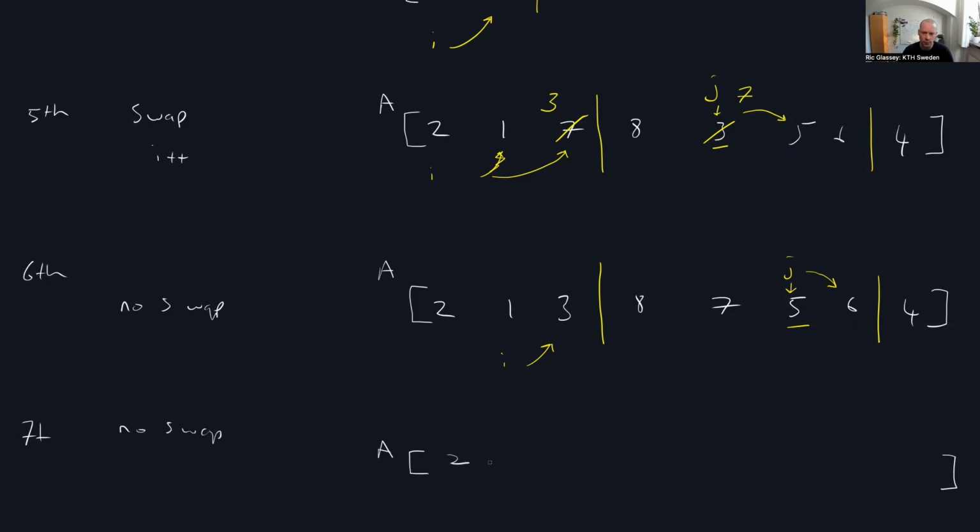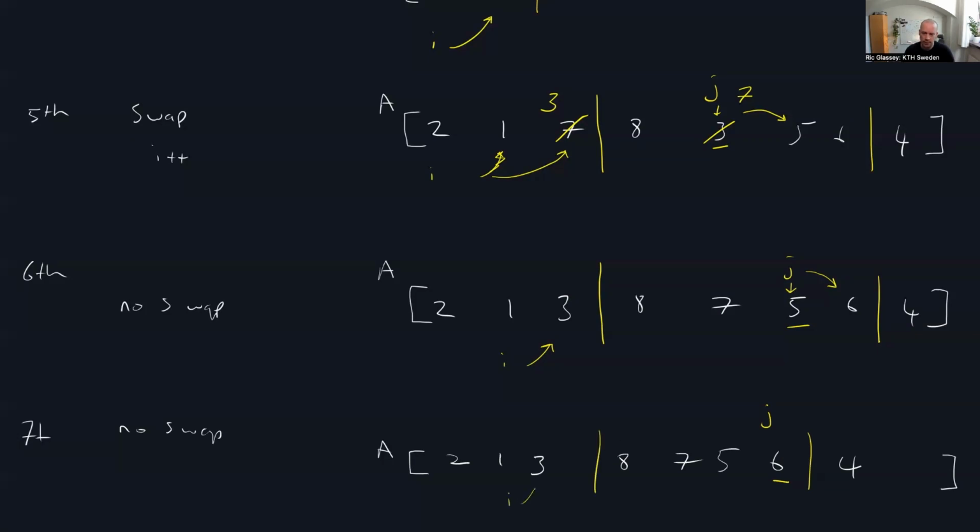Okay, so we have 2, 1, 3, 8, 7, 5, 6, and 4. A lot of space left over. Okay. So J is now pointing at 6, and again, when we're making that comparison, 6 is not less than 4, so we don't actually need to change anything.